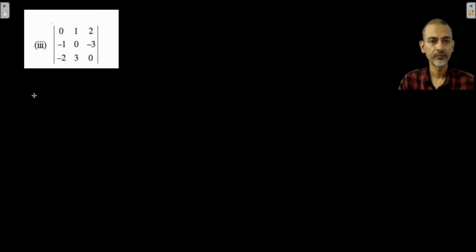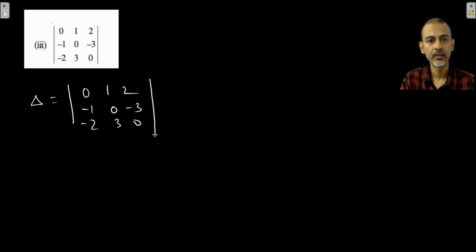So here I have delta as 0, 1, 2, minus 1, 0, minus 3, minus 2, 3 and 0, right? Okay, so every row has got a 0, and every column has got a 0, so we can expand along anything. So let's do that.